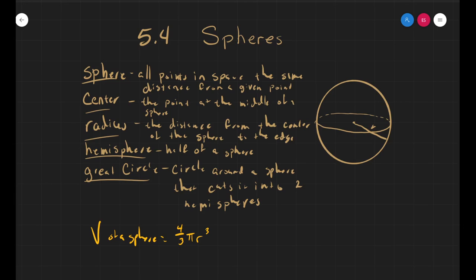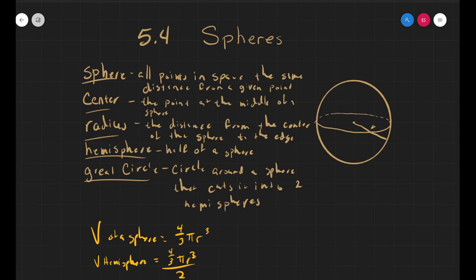And if we have a hemisphere, since it's half of a sphere, we would just take that 4 over 3 times pi r cubed, and whatever number we get for that, we would just divide that by 2.